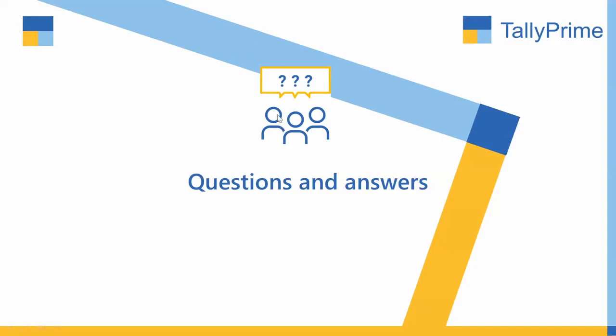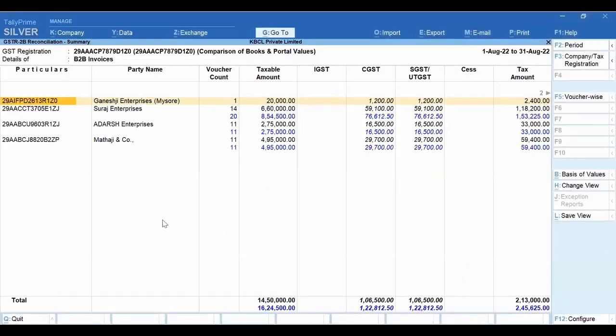Okay. Then I think Q&A is over. Yeah, I think one last question in the chat, if you address that. How do we change the status from mismatched or unmatched to matched status? Okay, just a minute. Sir, I have shown you here. Set return status, I showed you, no?